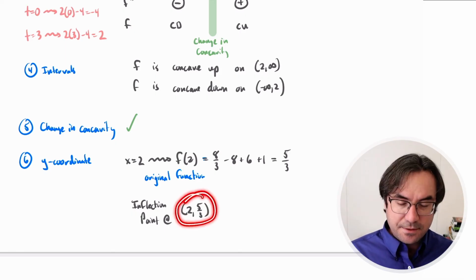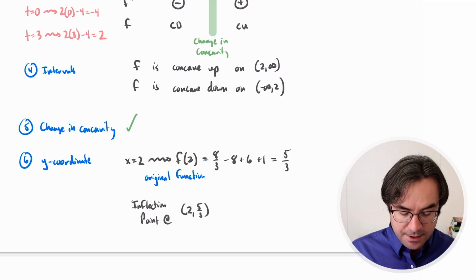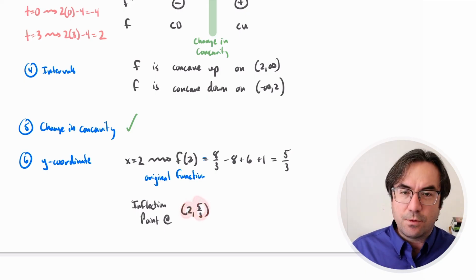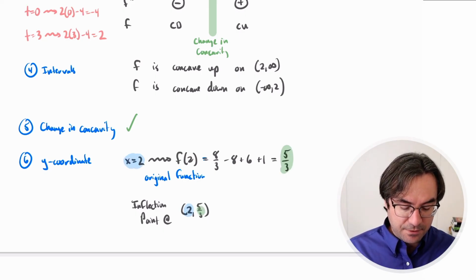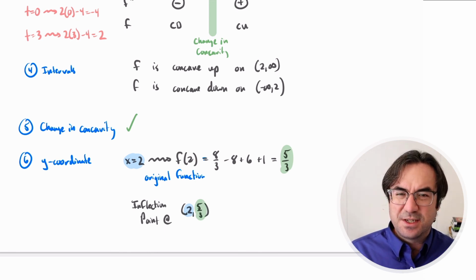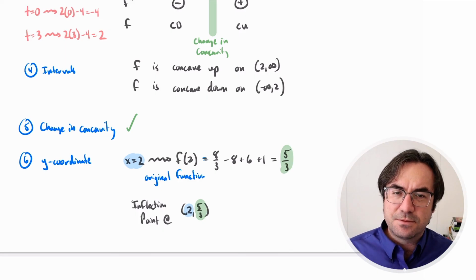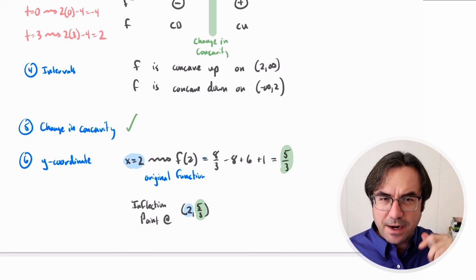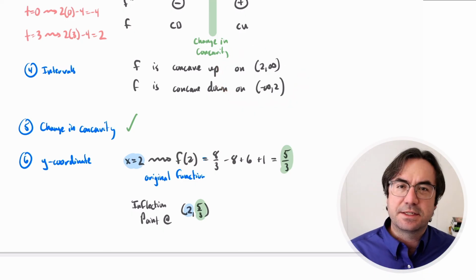But a point is a specific place on the xy plane, so this is an x-coordinate and a y-coordinate. We've got our x-coordinate that we plugged in, and then the y-coordinate that we found. Inflection points are a specific point on the graph, whereas these intervals of concavity are slices of the x-axis.